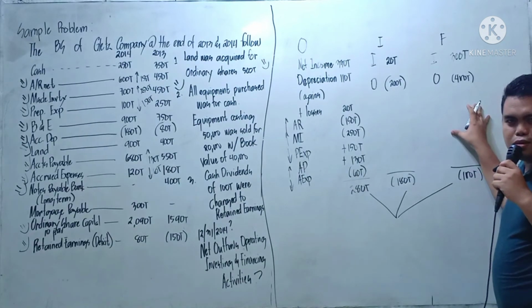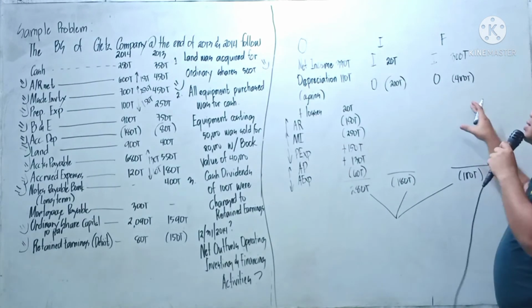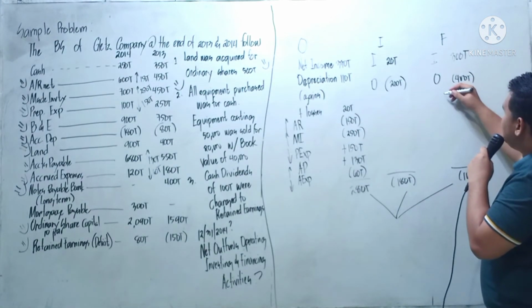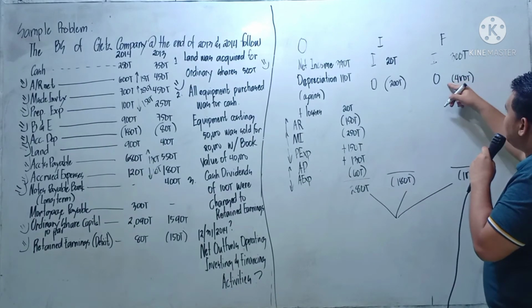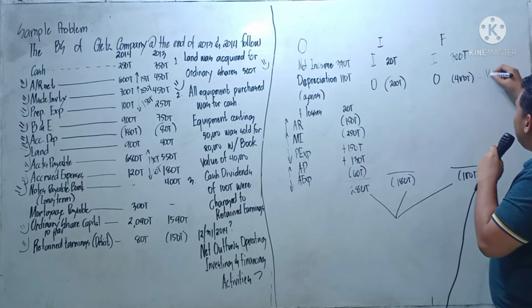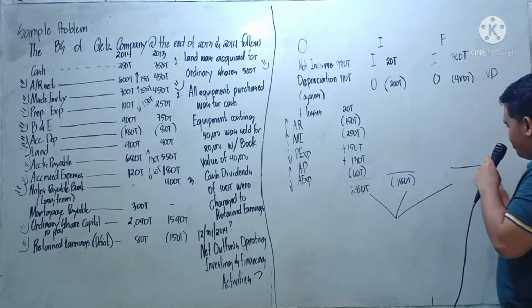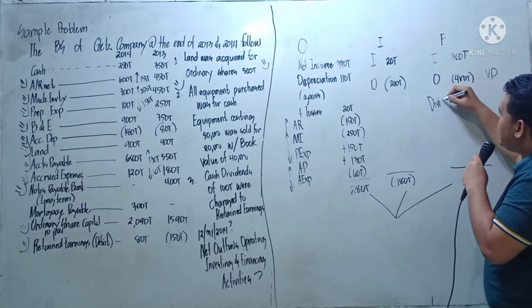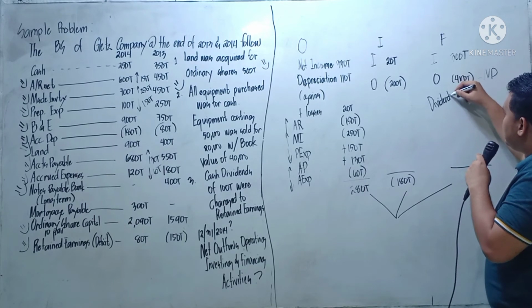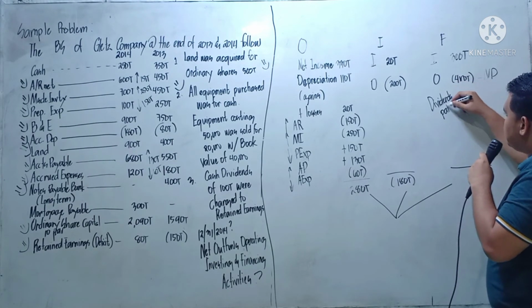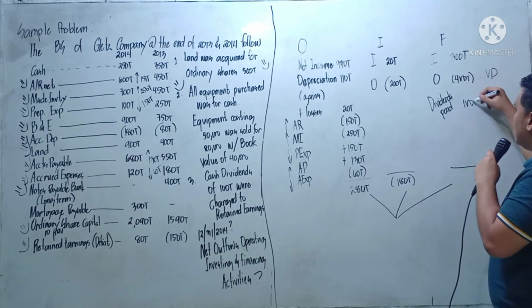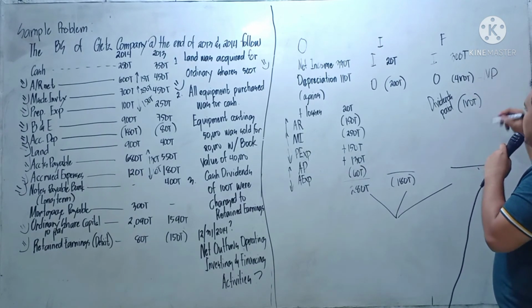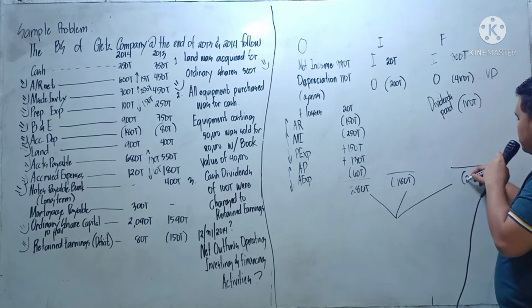Dividends paid is financing. So, there are dividends paid aside from the payment of notes payable. So, this is wrong. How much are the dividends paid? 100,000. So, this will become negative 200,000.